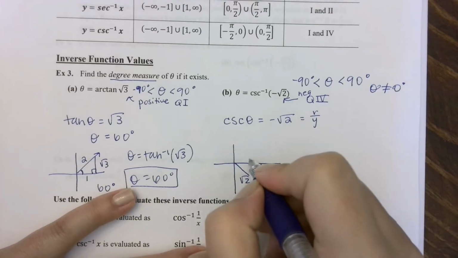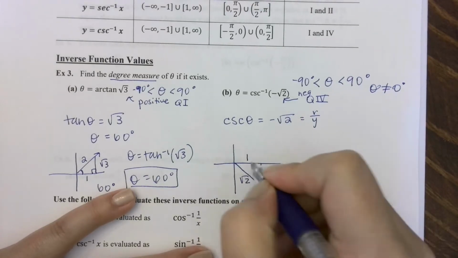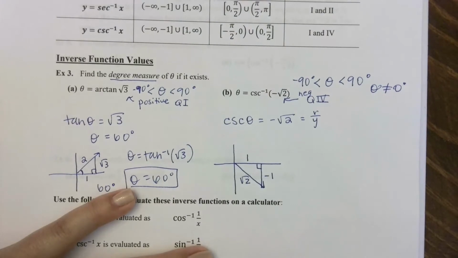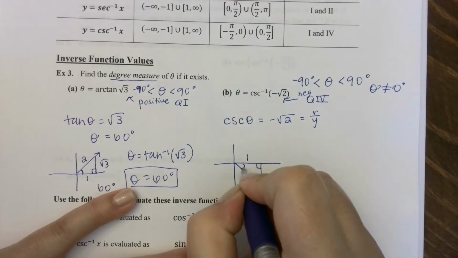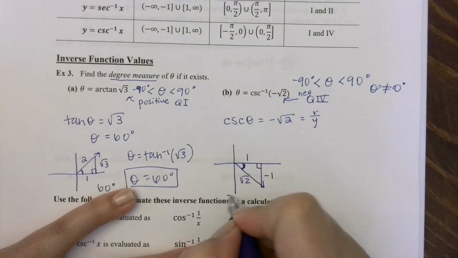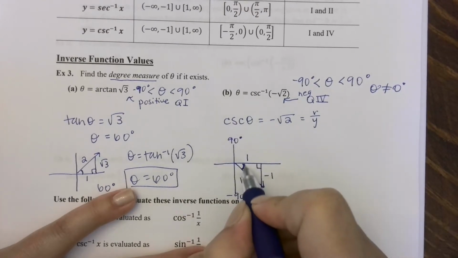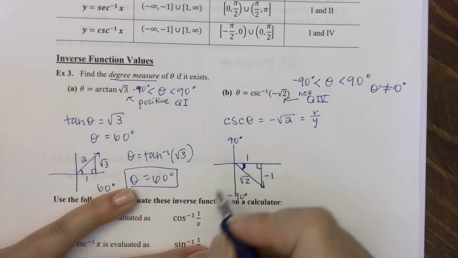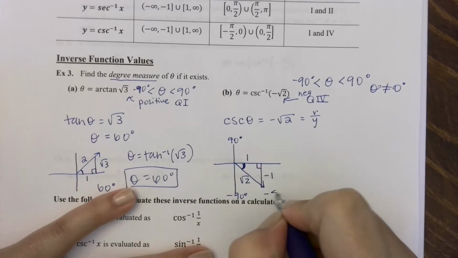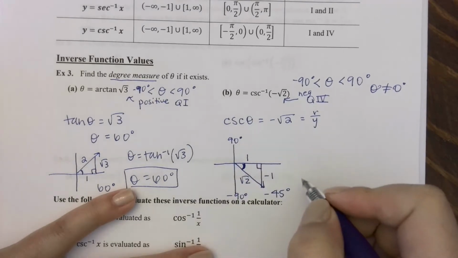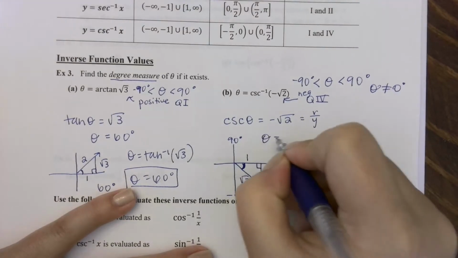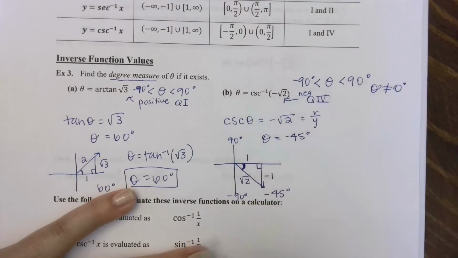This comes from a 45, 45, 90, so my other side is going to be 1. We're from negative 90 degrees to 90 degrees, so this angle going down underneath the x-axis is going to be negative. That is a negative 45-degree angle, so theta equals negative 45 degrees.